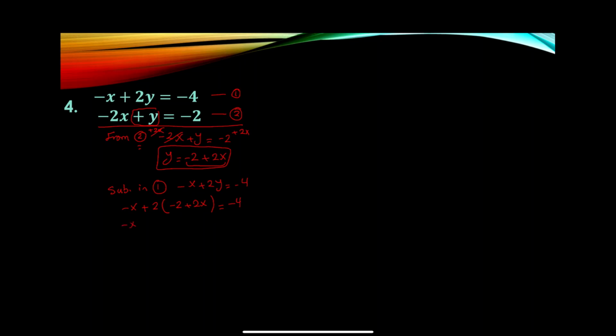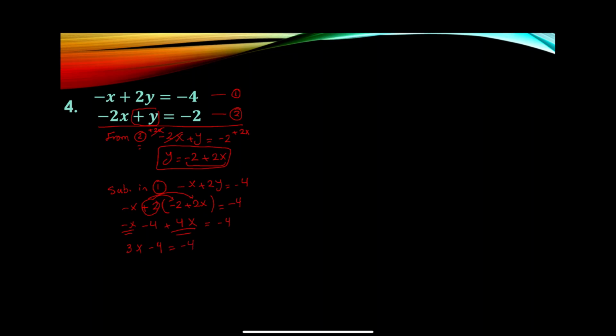Now this plus 2 will be multiplied by the bracket, first by negative 2 and then by plus 2x. Positive 2 times negative 2 will give us negative 4. Positive 2 times positive 2x will give us positive 4x is equal negative 4. Negative x and 4x will give us 3x. Minus 4 equal negative 4.